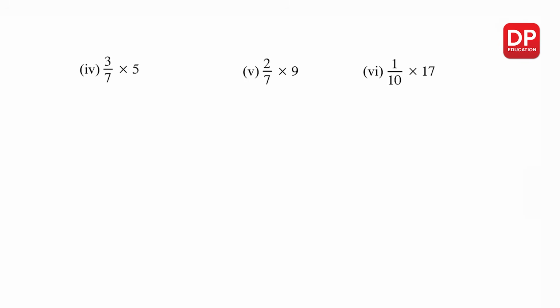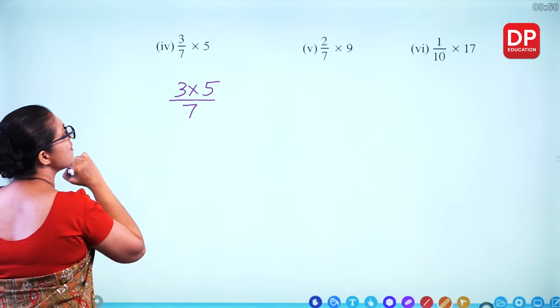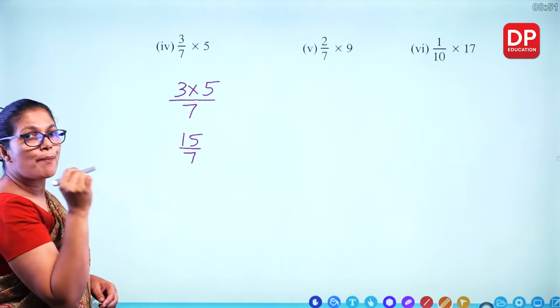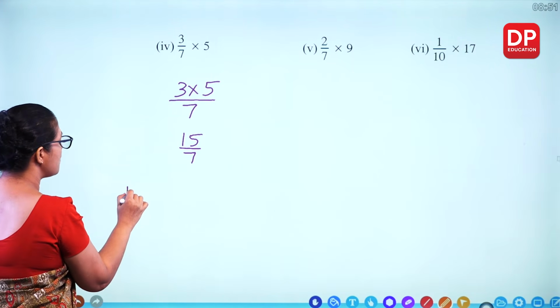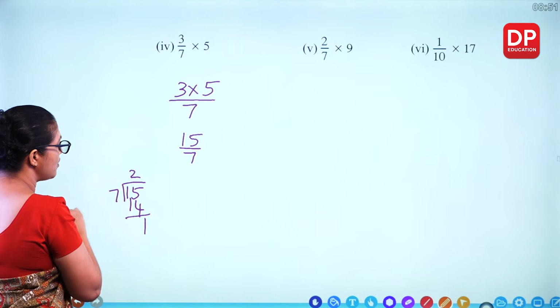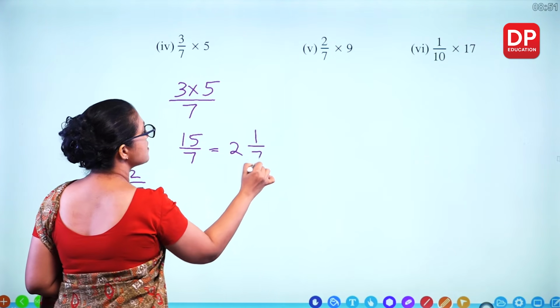This one. Multiply the numerators. 3 times 5/7. So 15/7 is an improper fraction. So 15 divided by 7, you get 2 and 1 remaining. So you can write 2 and 1/7.